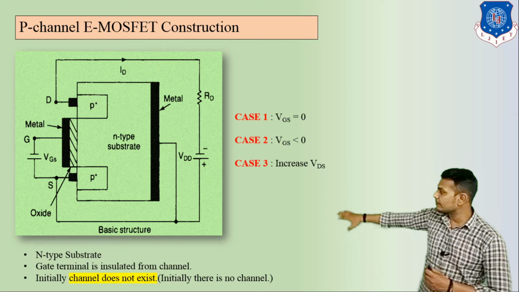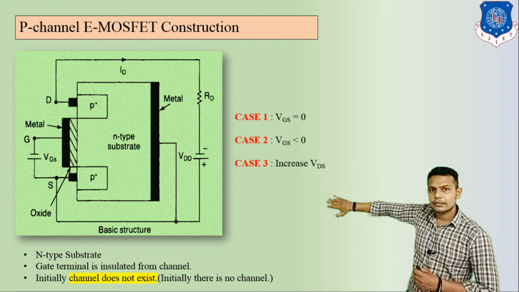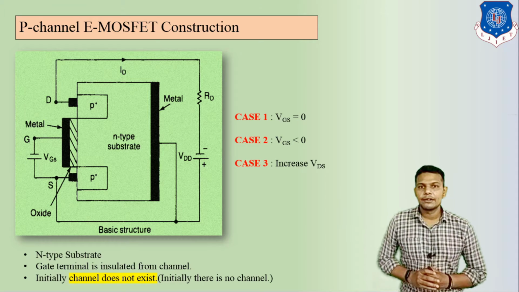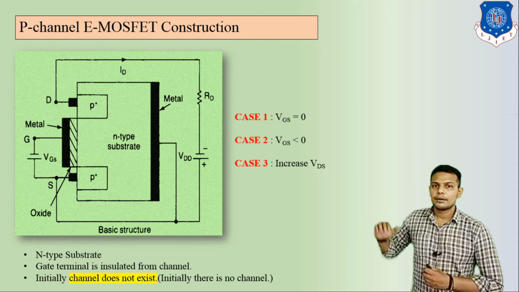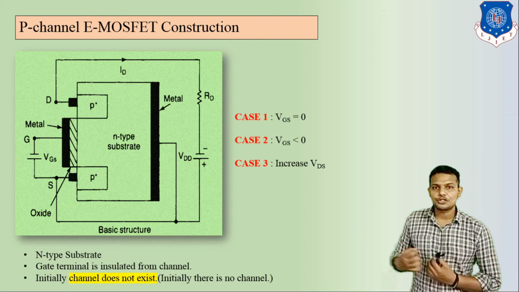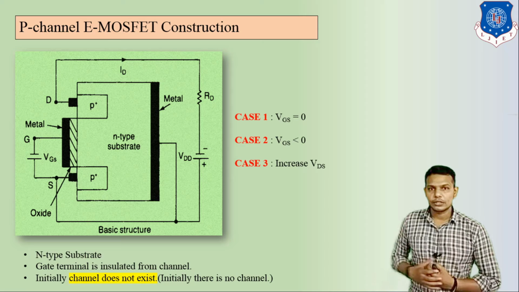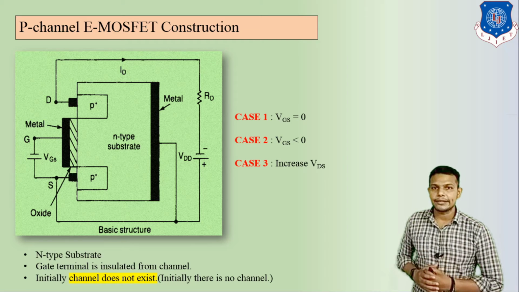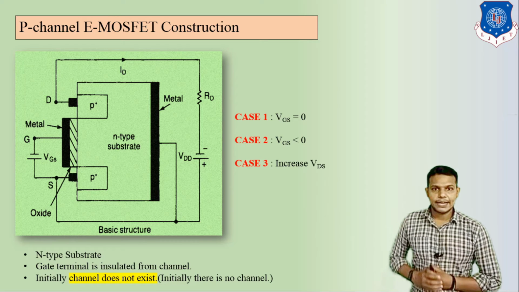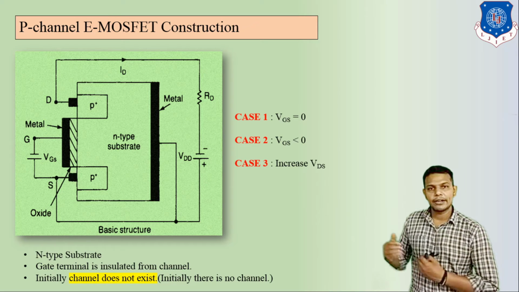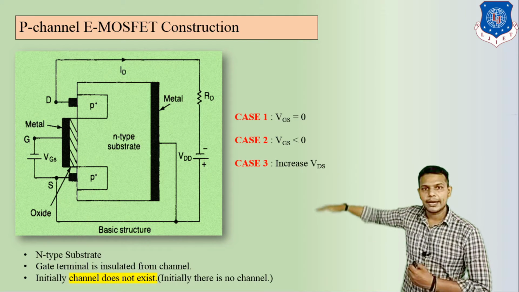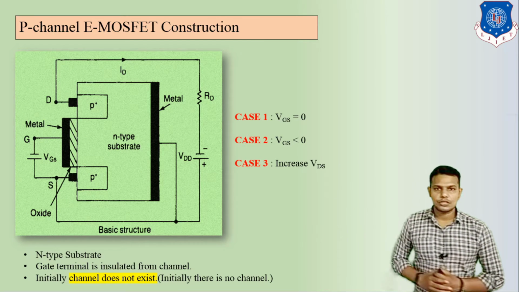Here we can see P-type material is at the drain and source terminal. That's why we have to connect negative polarity first, because we have to attract a number of holes, which are minority carrier charges in the N-type substrate. That's how we can create one channel in between the P-type region of drain and the P-type region at source.